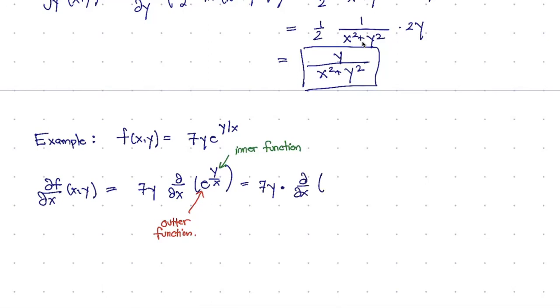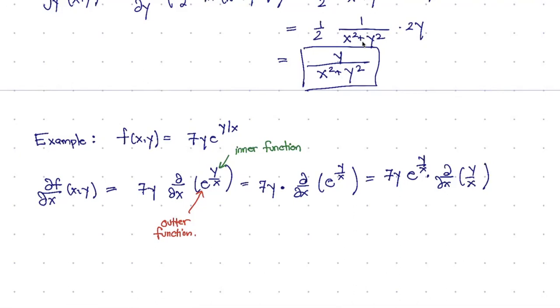So we would then take the derivative of e to the y over x. Now the derivative of e to anything, any variable, is going to be just e itself, and so we would end up with 7y e to the y over x times then the derivative of y over x.